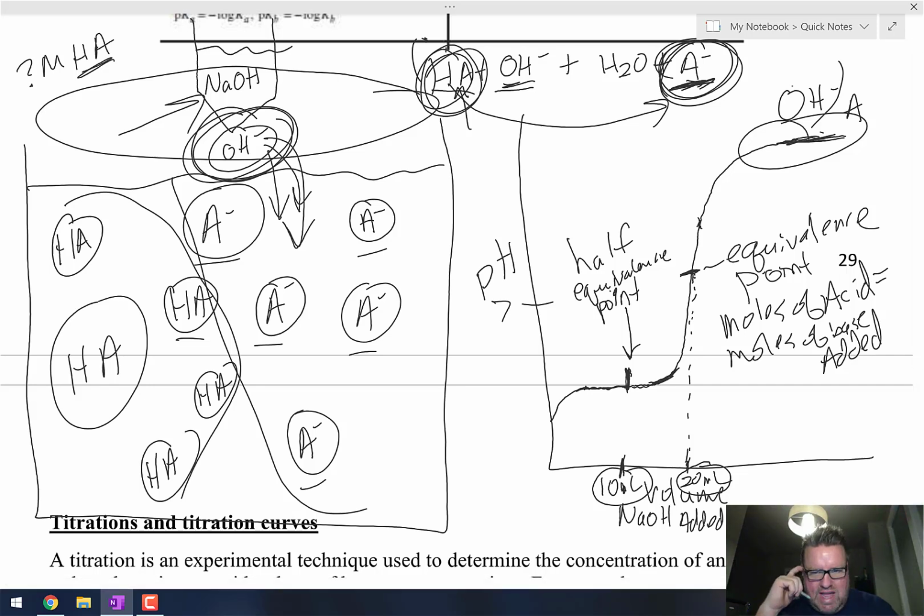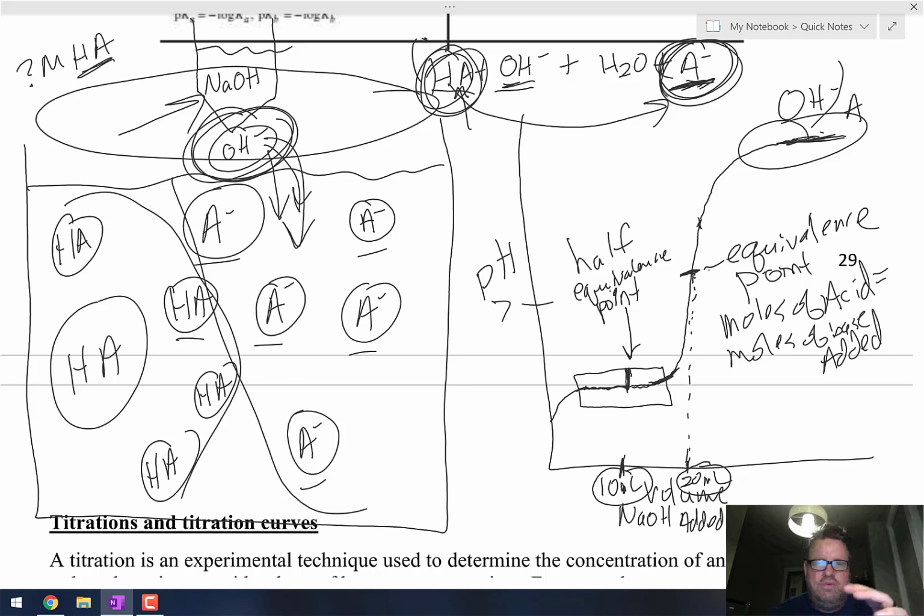And since all those acid particles are gone, you're just adding more and more hydroxide to the solution, which makes the pH go up. And then remember, you've got this mostly flat region right there. The half equivalence point will always fall in that range.